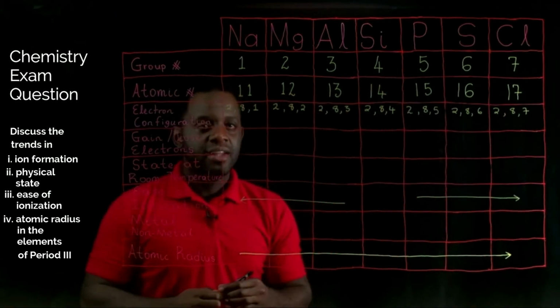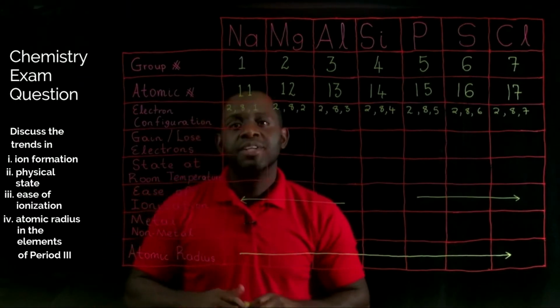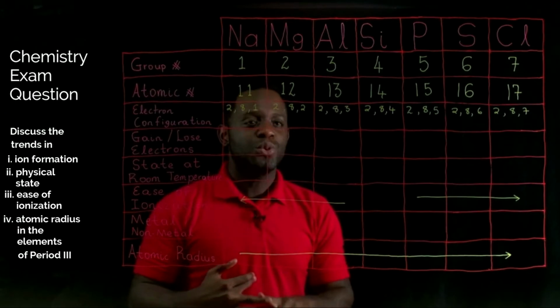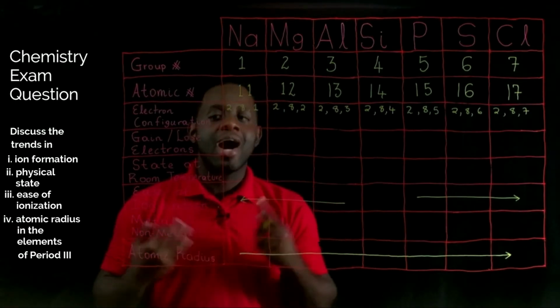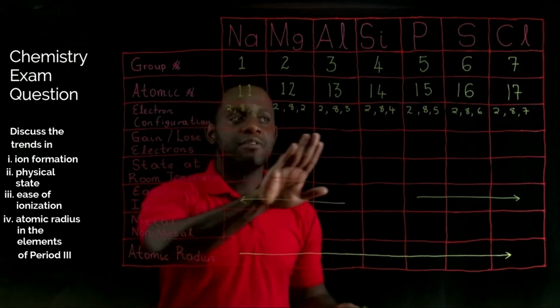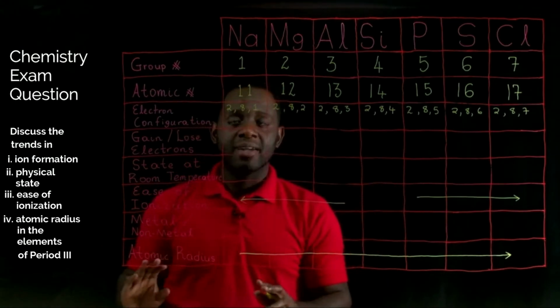So we're adding 1 proton to the nucleus and 1 electron to the valence or outer shell. And that has a lot of information for us to unpack.